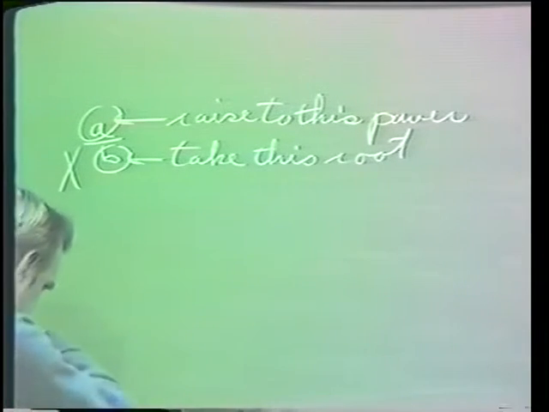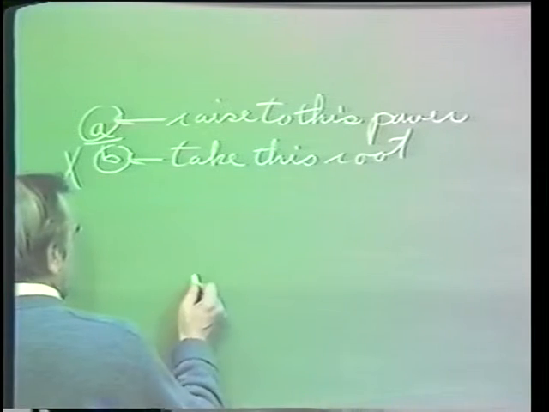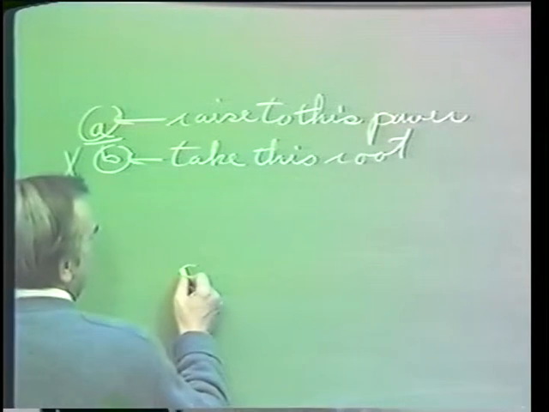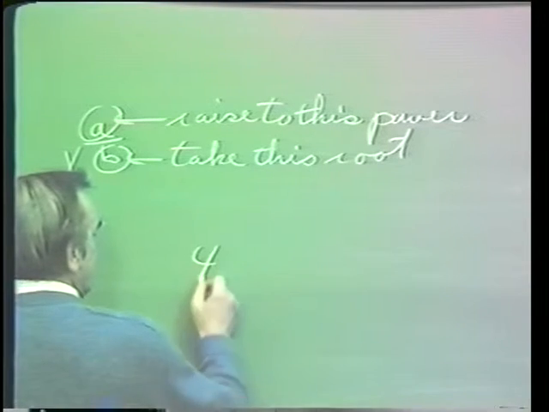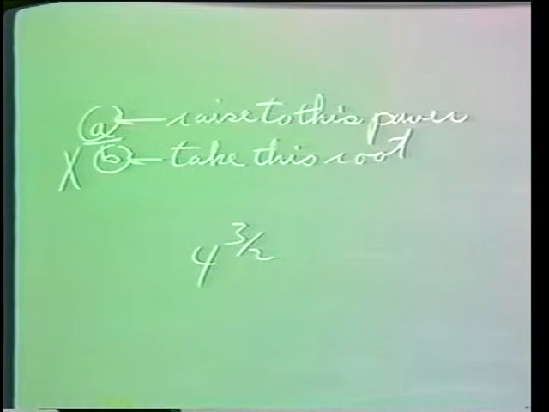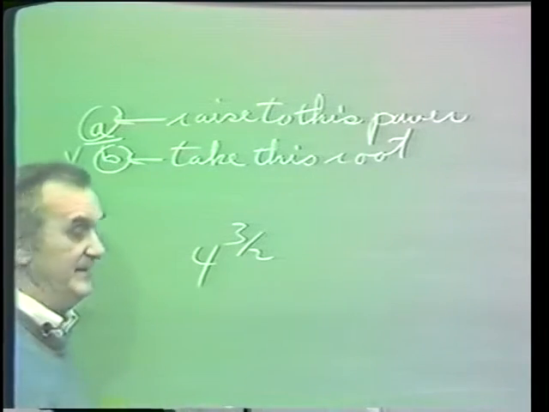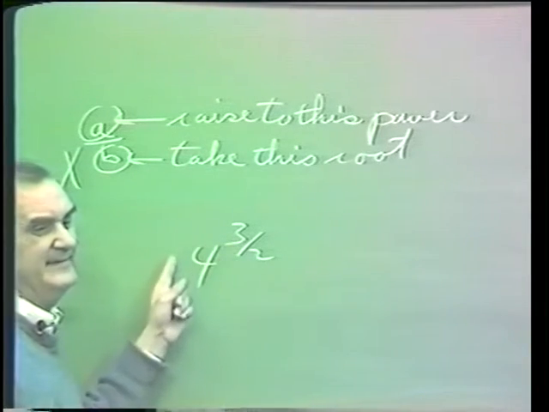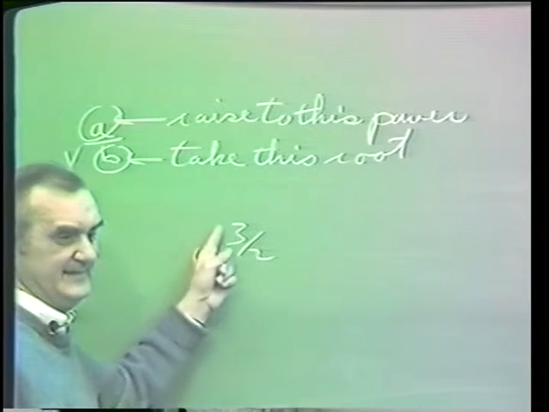Example. Let's start with a nice easy one. 4 to the 3/2 power. Does anyone have any idea what 4 to the 3/2 power will equal? 8. Very good. 8. How do we get it? Well, we follow the rules of fractional exponents. Numerator says raise the base to this power.